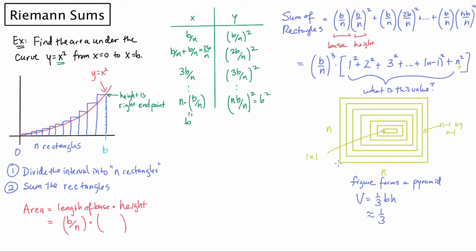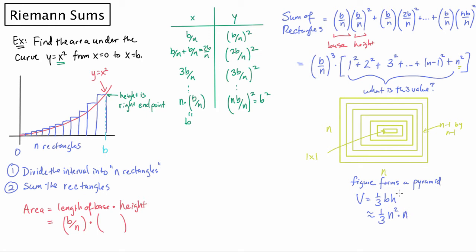So the base of this pyramid is n by n, or n squared, and the height of this pyramid is how many blocks we stacked up. Let's assume the thickness of each one of these pieces is 1, and I've stacked a total of n of them because my sum goes from 1 to n squared. So this would be n for the height.